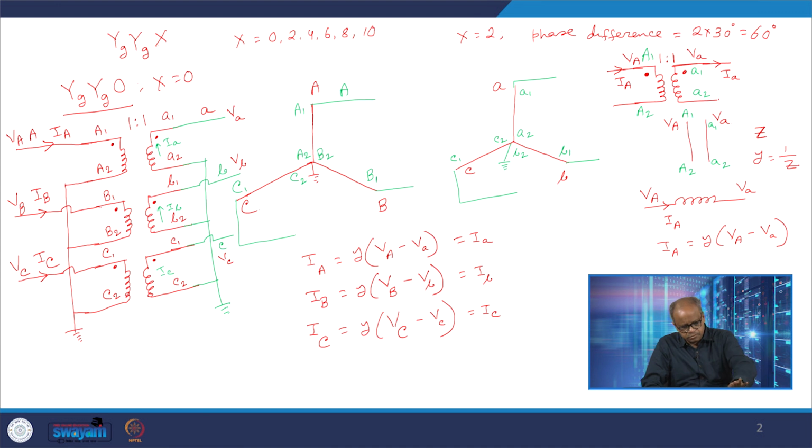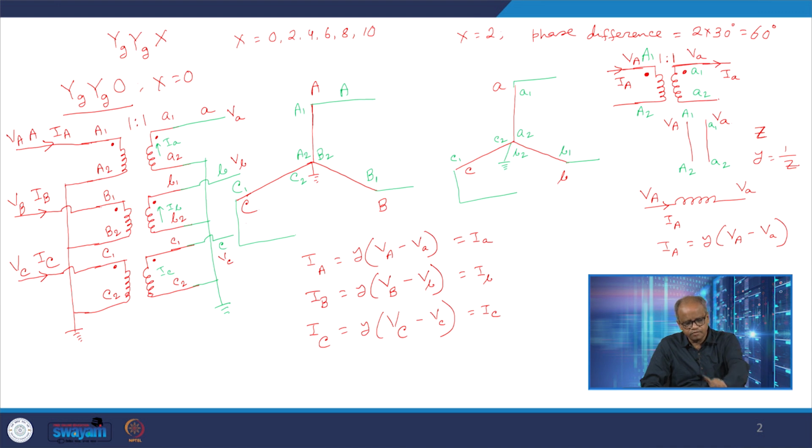Now here at the primary side, as far as this connection is concerned, the currents I capital A, I capital B and I capital C are entering, but the currents I small a, I small b and I small c are going out.